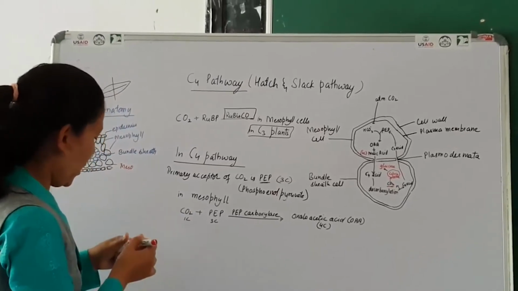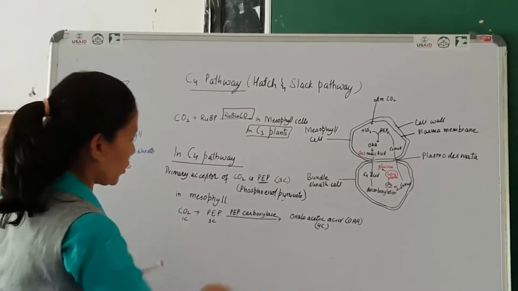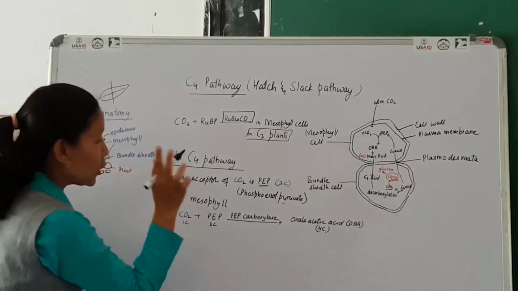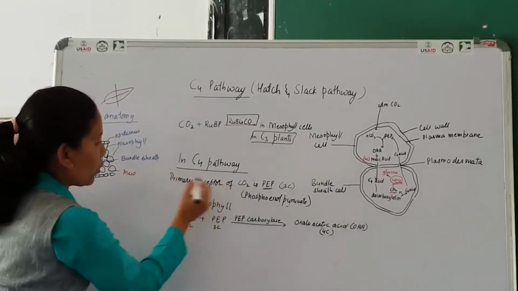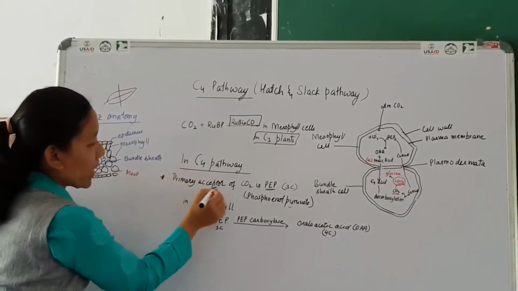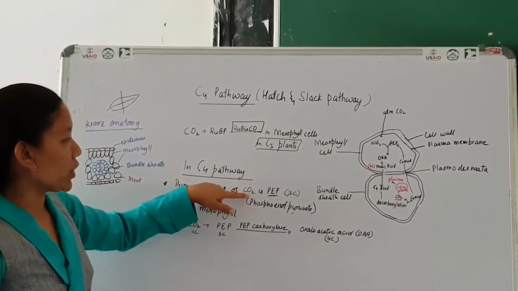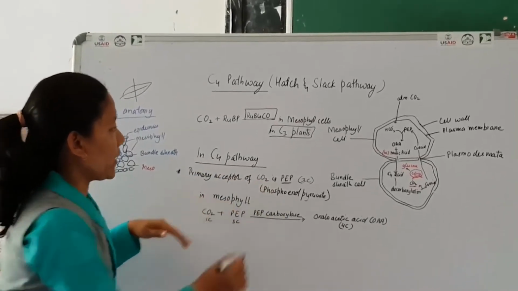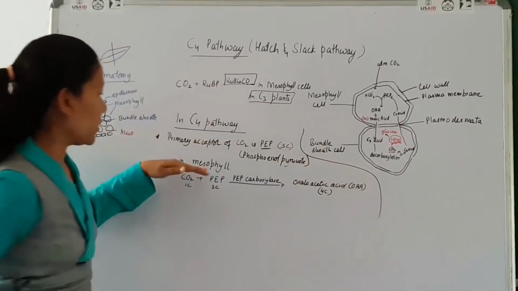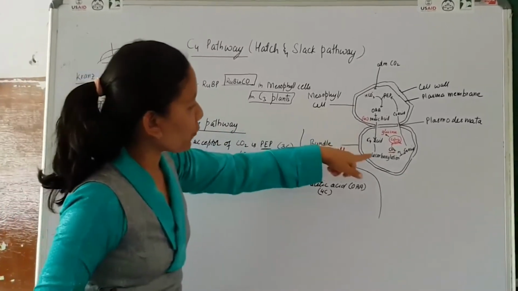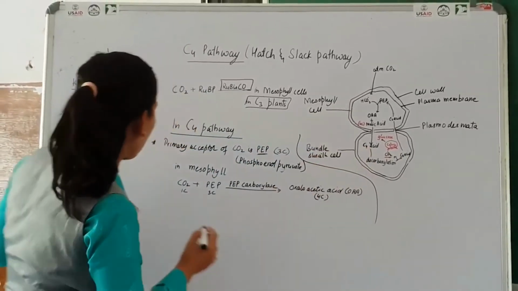Okay, so here again let us look at this. This is a pathway, and you can see that in this pathway there are two acceptors of carbon dioxide. First is the primary acceptor of carbon dioxide, present in the mesophyll cell here. Now the second acceptor of carbon dioxide results from the decarboxylation of C4 acid.